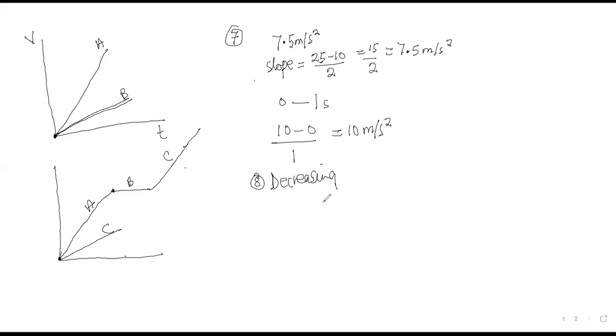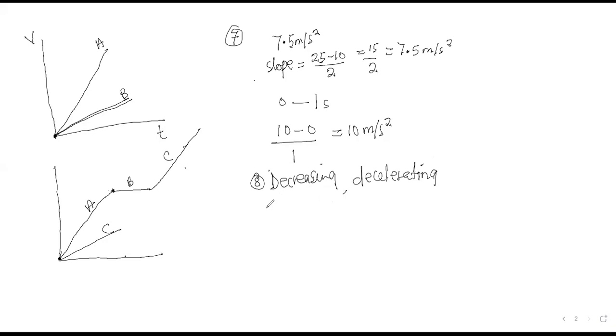Some of you were saying that the object was decelerating. Yes, it's true the object is decelerating, but the emphasis is not on the object, it is on the speed. So the best way out is that the object speed is decreasing. And when the object speed is decreasing, the object is decelerating.